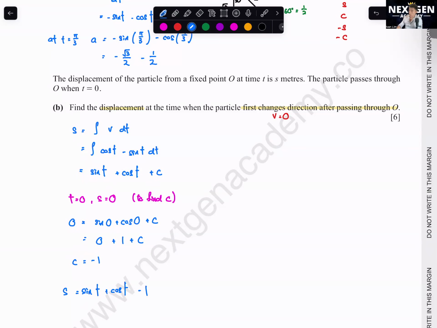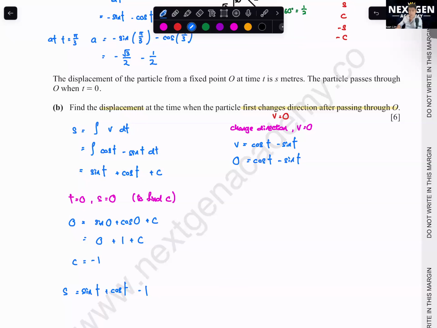Okay, now, because it changes direction, v is equal to 0. We want to find the time when v equals 0. What's the v value from the previous question? Cos t minus sine t. We put 0 equals cos t minus sine t.